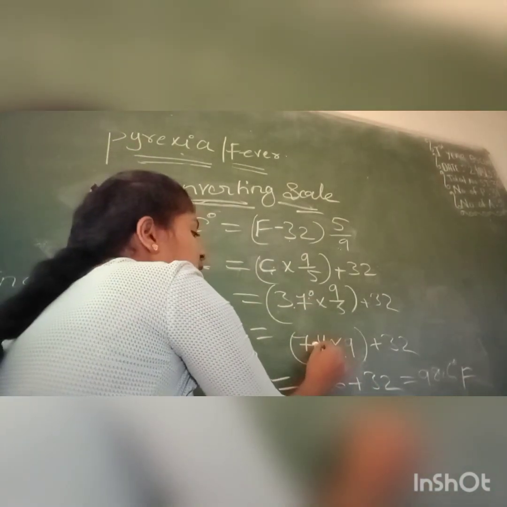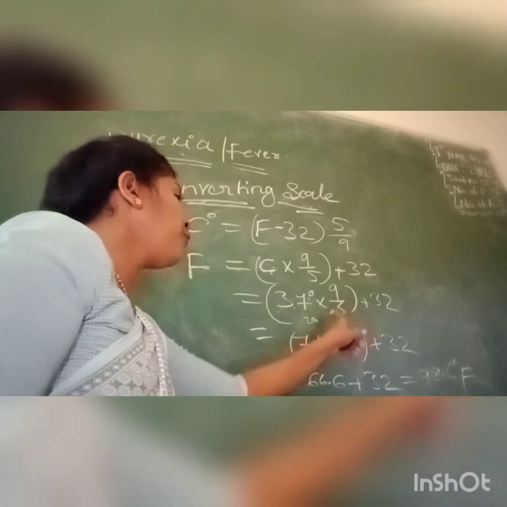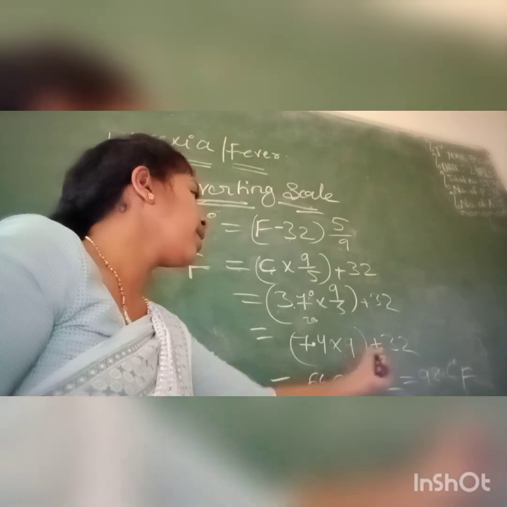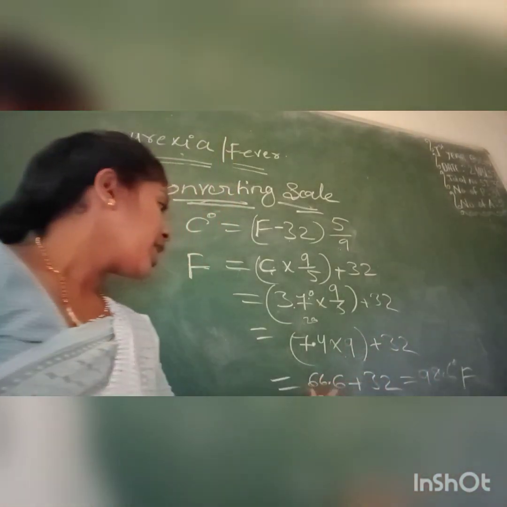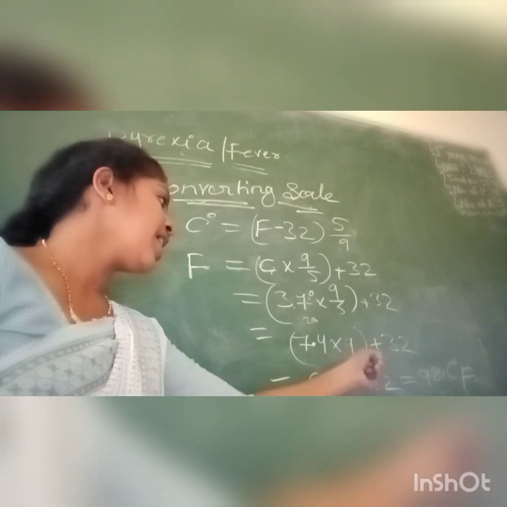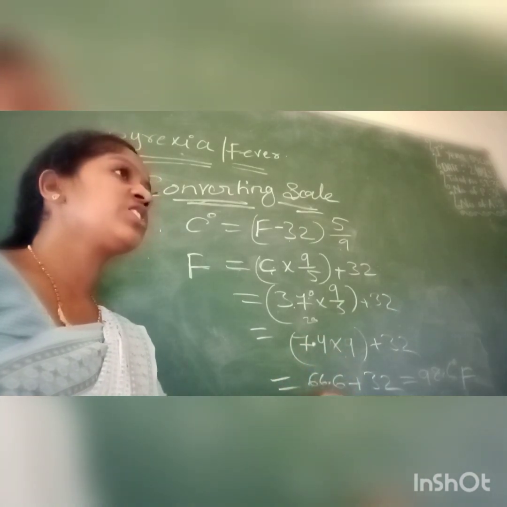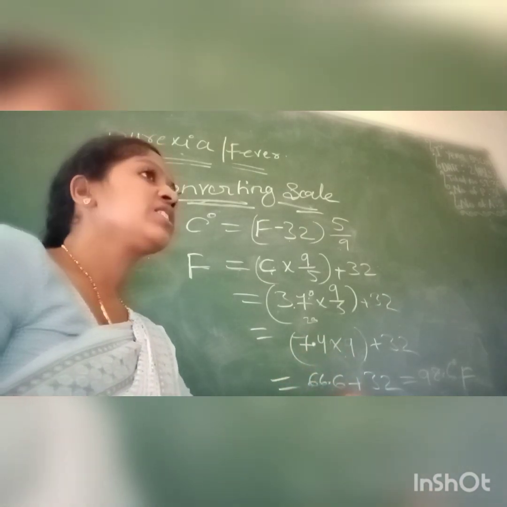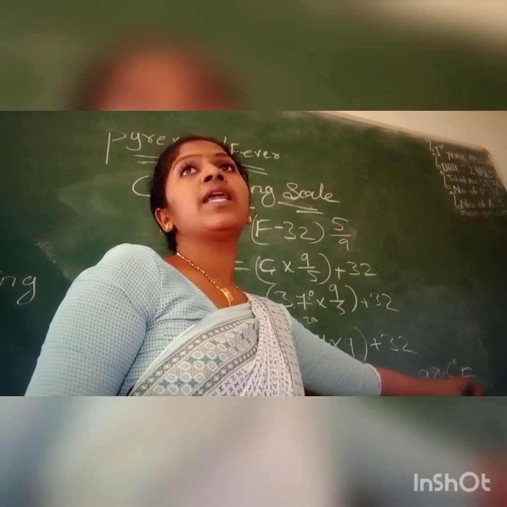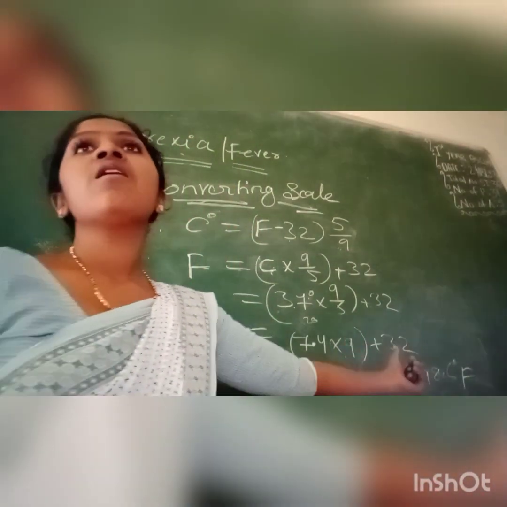If we add 0 to 2, now it is 20. 5 fours are 20. 20 into 9 is 36.6... 63 plus 3 is 66. 66.6 plus 32 is equal to 98.6 degrees Fahrenheit. It is the normal body temperature in Fahrenheit.